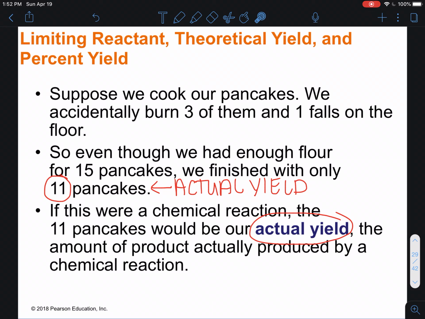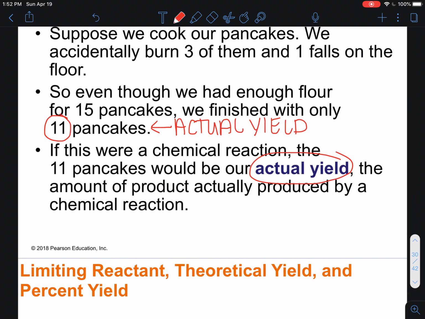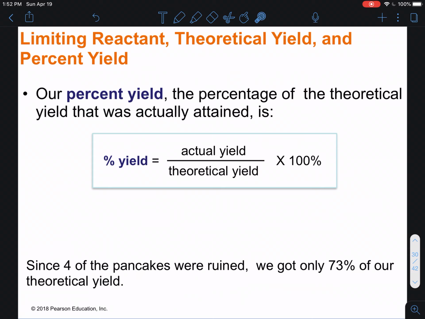So we have theoretical yield, limiting reactant, and then we're still trying to understand what percent yield is, okay? But what we just introduced is actual yield, which is going to be crucial in calculating percent yield. So percent yield is the percentage of the theoretical yield that was actually attained.